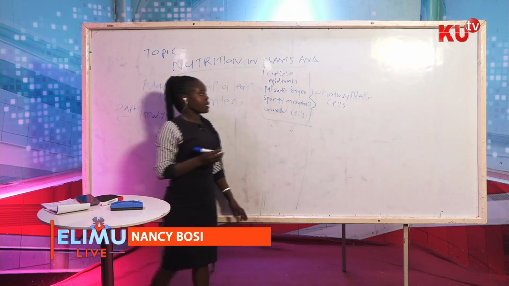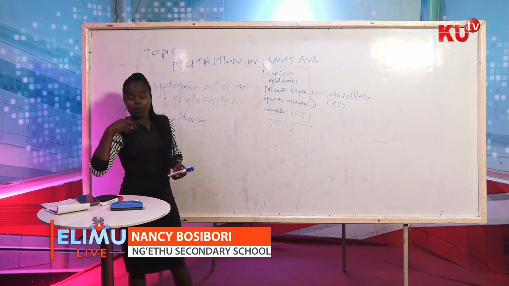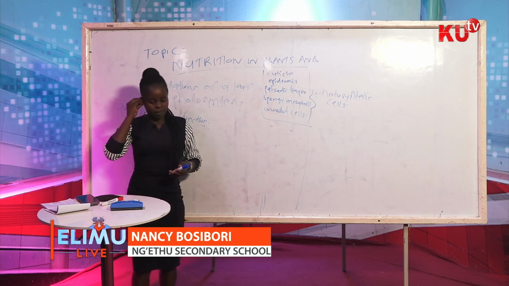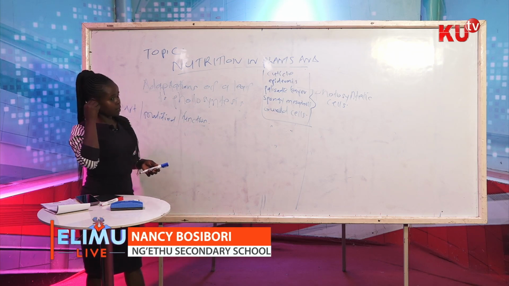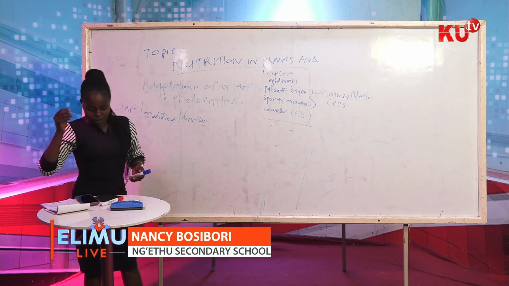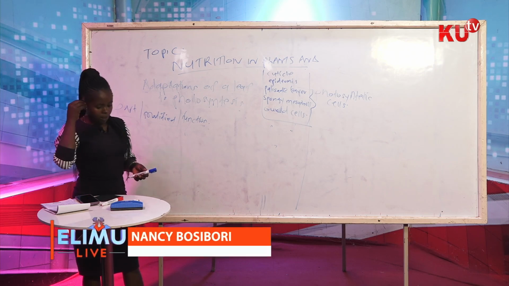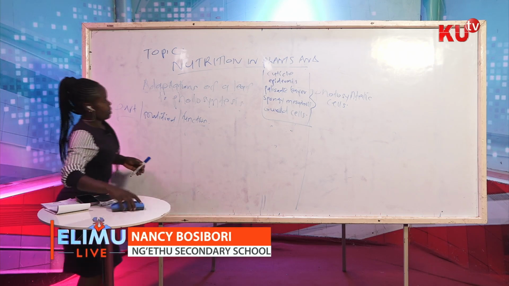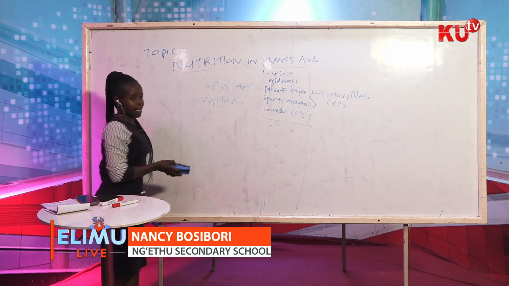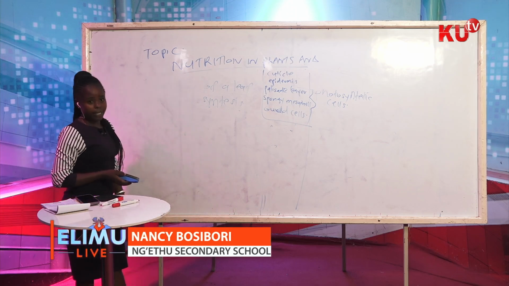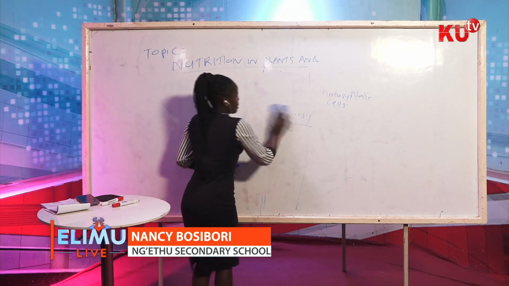The reason they are photosynthetic cells is that they contain chloroplasts. So through the guide I have given you, you will go and write several adaptations of a leaf to photosynthesis. Lastly, I would like to tackle this part.